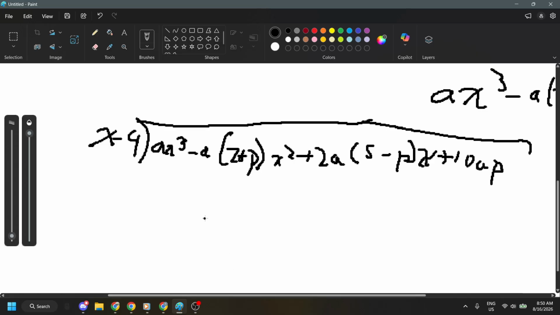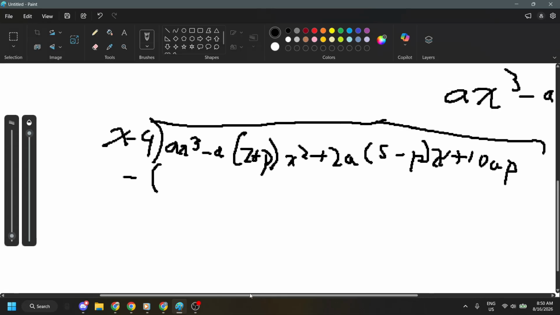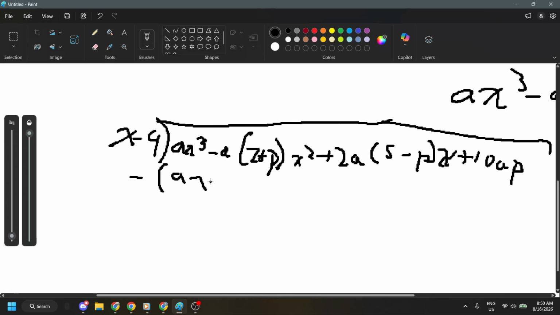We're dividing this by x minus 4. So our first thing is we want to subtract. It's going to be ax squared, so ax cubed minus 4ax squared.